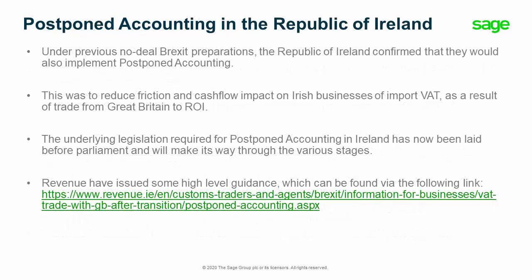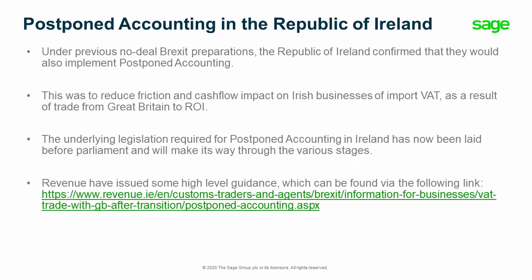We talked about postponed accounting in relation to the UK a little bit earlier, but in terms of the Republic of Ireland, under previous no-deal Brexit preparations, the Republic of Ireland confirmed that they would also implement postponed accounting. This was to reduce friction and cash flow impact on Irish businesses of import VAT as a result of trade from Great Britain to the Republic of Ireland.